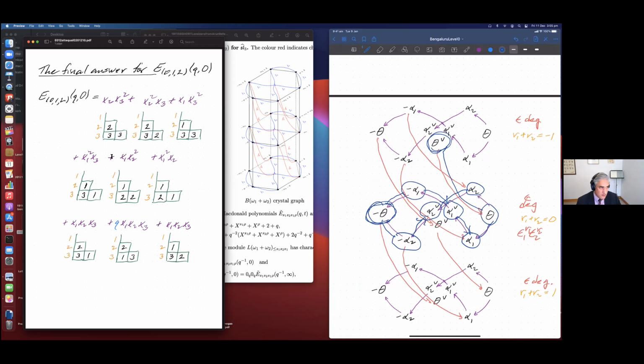So we constructed this Macdonald polynomial by intertwiners, and these intertwiners exactly correspond to these upward motions in this crystal. And then there's this very important one that changes our degree in epsilon, and that's where the coefficient of Q comes from in these Macdonald polynomials.